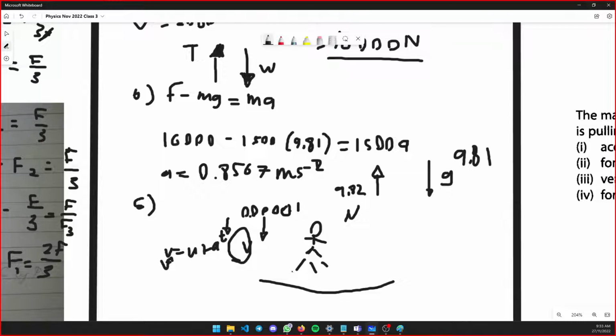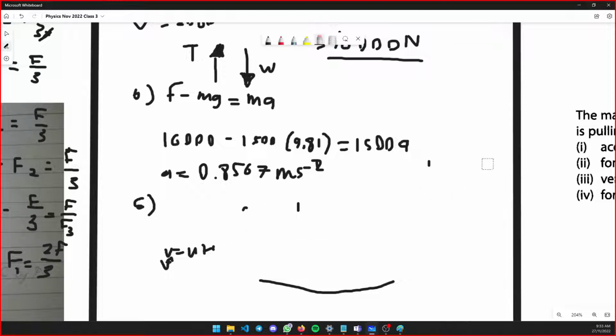So you keep going faster and faster. This is irrelevant, but this makes the class fun, so that's why I like to mention all this. If you're more than the gravitational acceleration, it is enough for you to levitate basically. So you can become a magician if you wanted to.